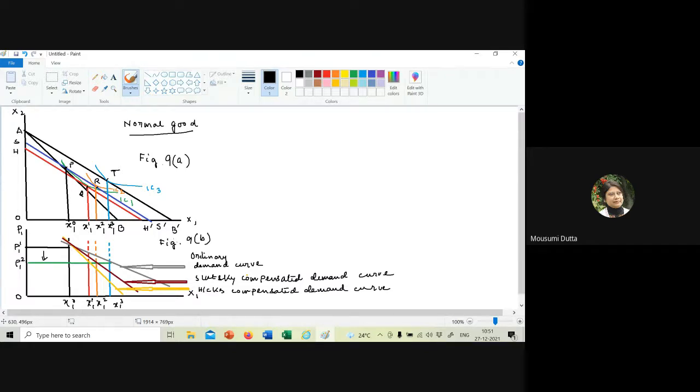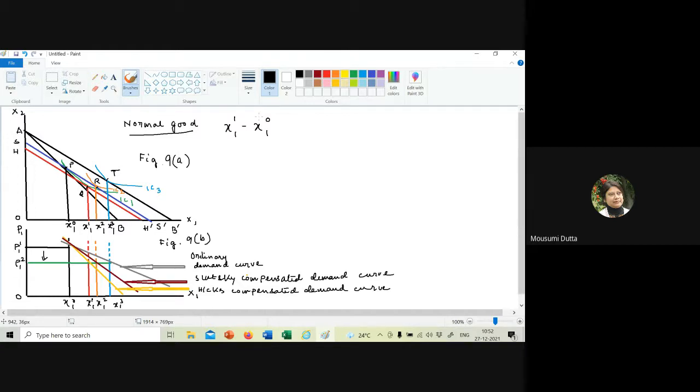Thus, the Hicks substitution effect is x1 1 minus x1 naught.